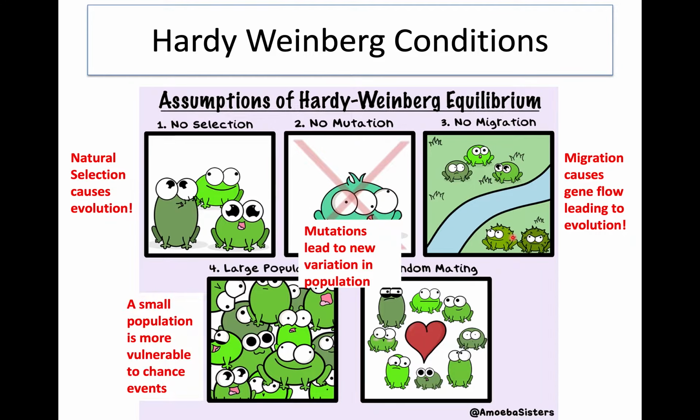A small population is more vulnerable to chance events. And non-random mating changes the genotype frequency, because if it's non-random, only certain members of a population with certain characteristics would have a better chance of reproducing and passing their genes to the next generation.